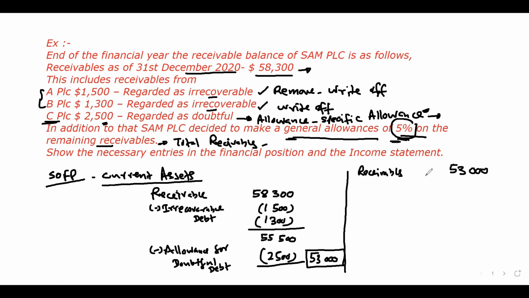On this, we need to deduct 5% general allowance for doubtful debt.